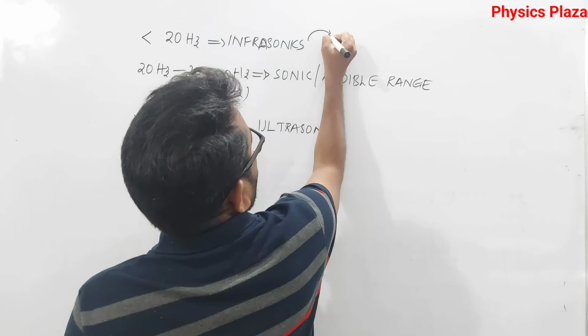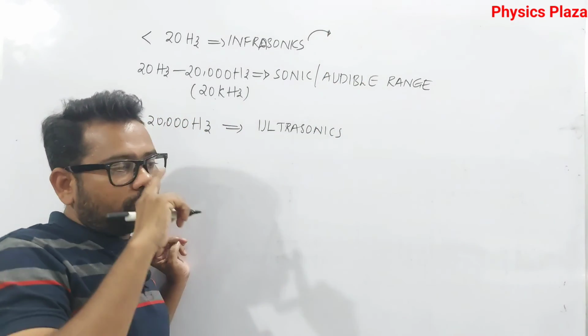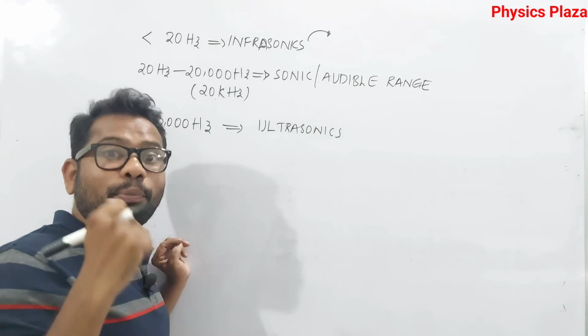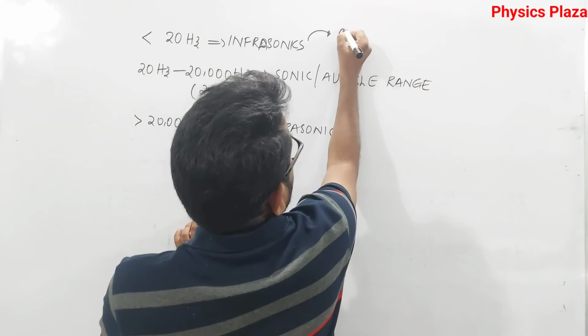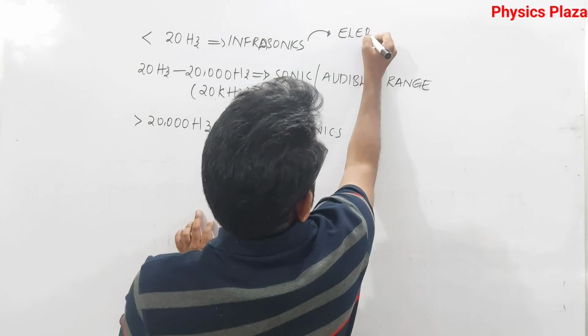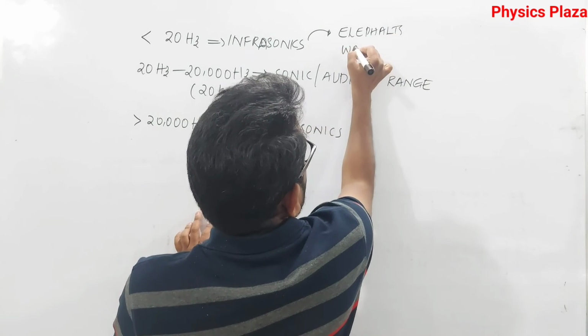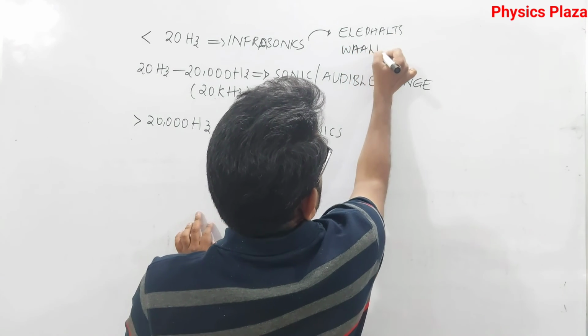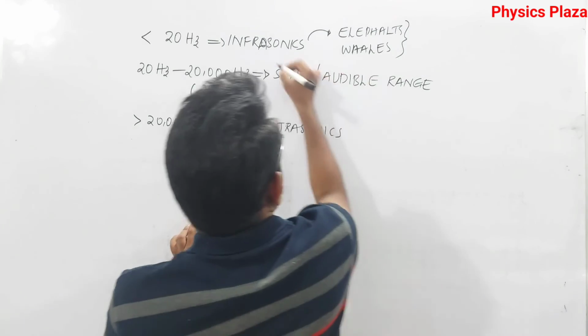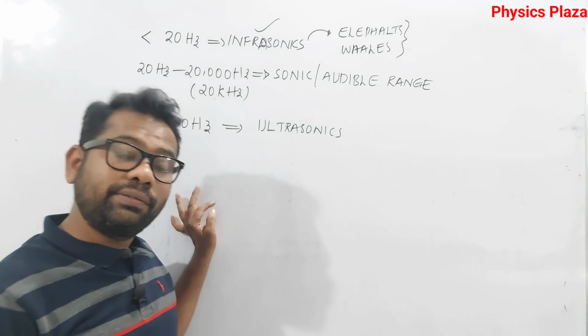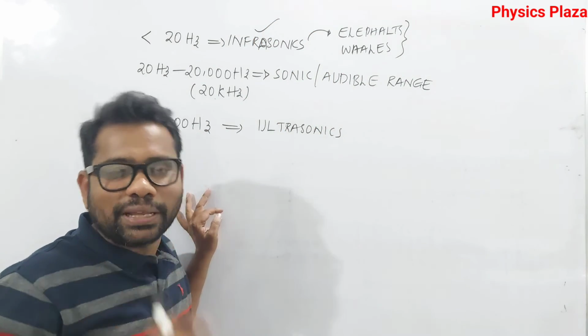And children, the very, very important point here is that elephants and whales can produce infrasonics. So we should not underestimate the animals.